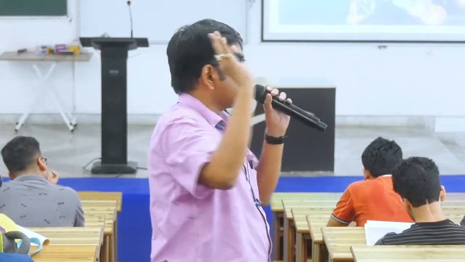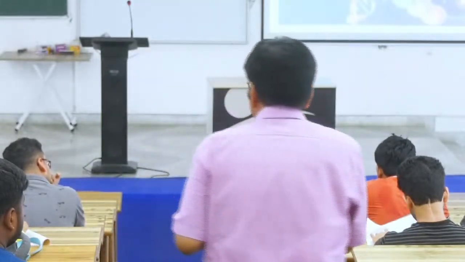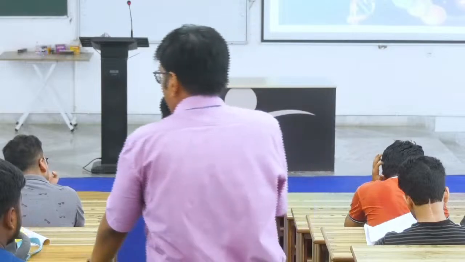Now, sex steroids have another important source, that is the gonads. So mainly adrenal cortex secretes glucocorticoids and mineralocorticoids. These are primarily referred to as the corticosteroids. Steroids because they are steroid hormones, and corticosteroids because they are secreted from adrenal cortex.